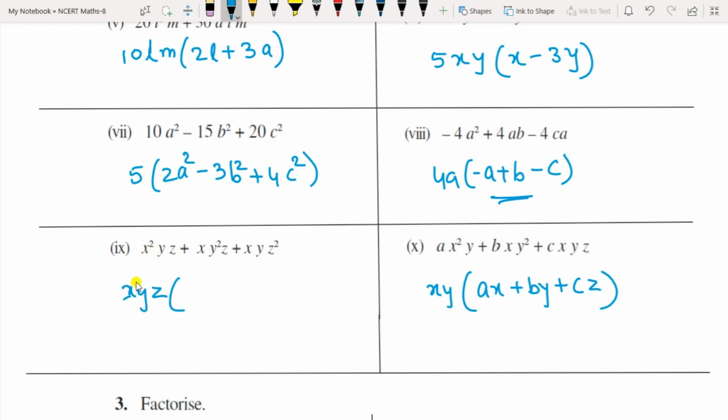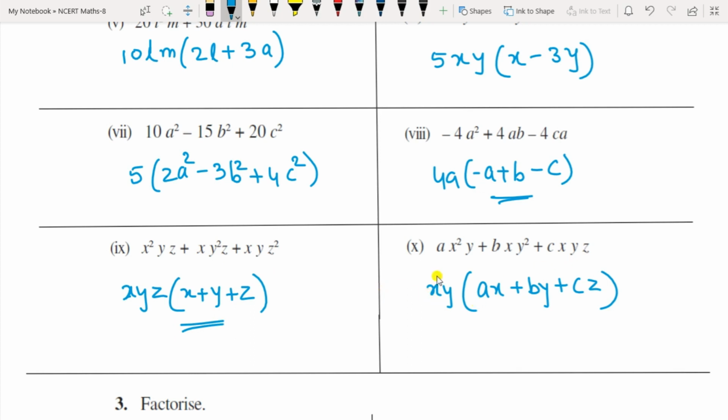So now here it will be x square, so x is remaining, y and z you have taken out, plus x is there, y square, 1y you have taken, 1y is remaining, z is taken out, plus xy you have taken out, z, 1z you have taken out, 1z is remaining. So this is the way of doing factorization for a multinomial.